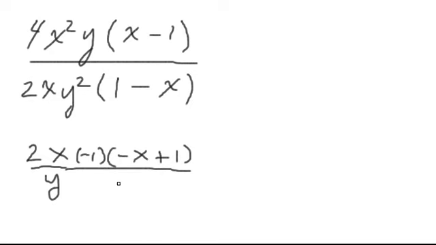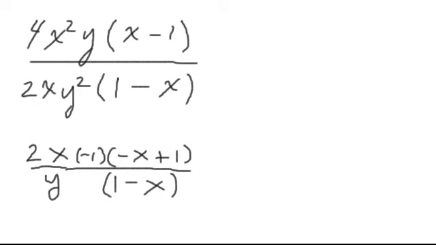And then over 1 minus x. And so here's the reason I factored this negative out, and that is so I can get it to match the denominator. If you take this -1 and you distribute it back inside, for example, -1 times -x is +x, and -1 times 1 is going to be your -1.